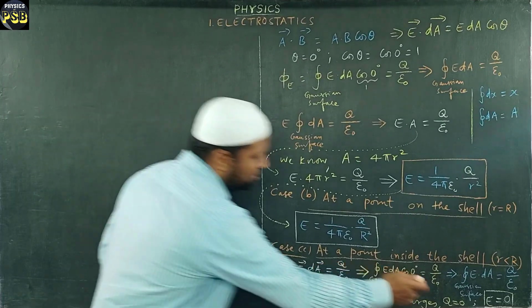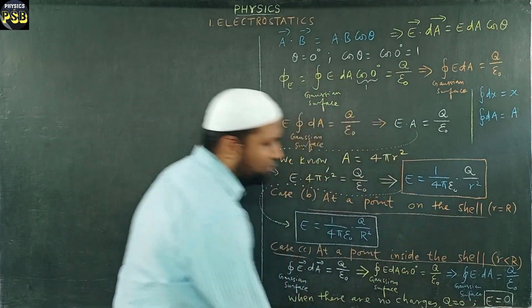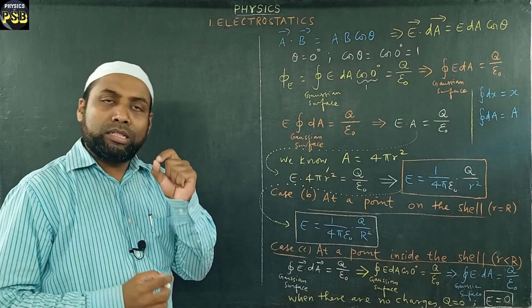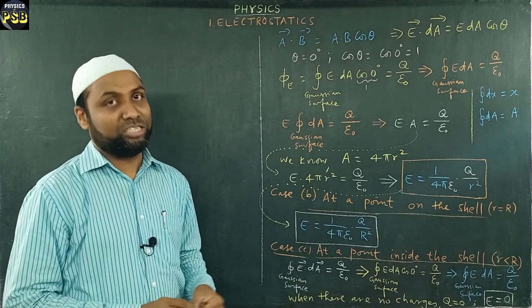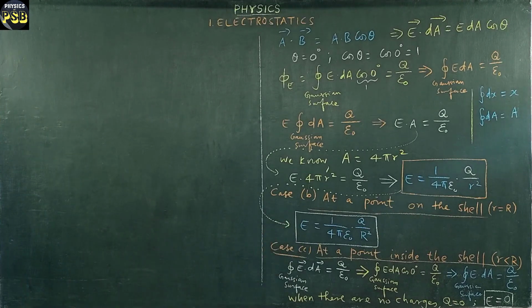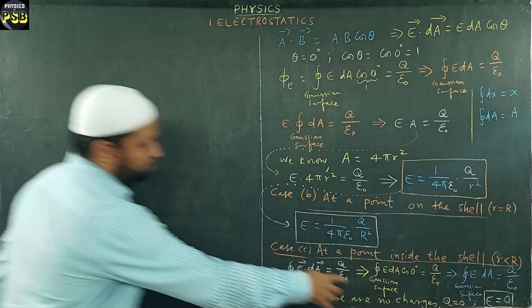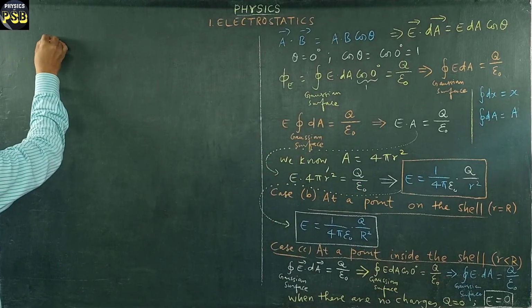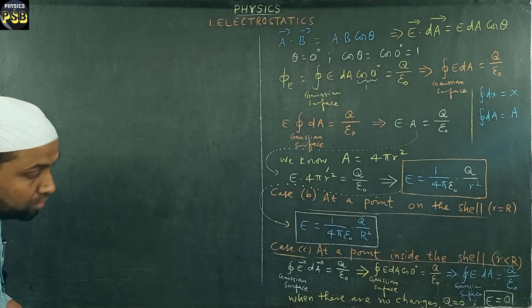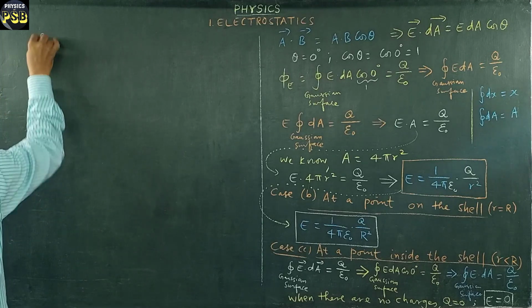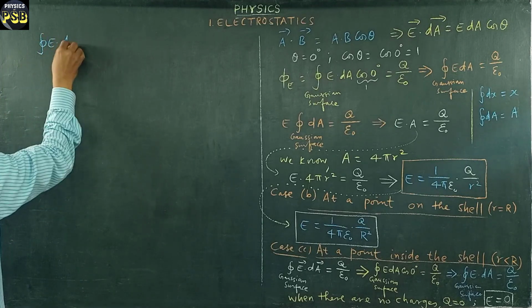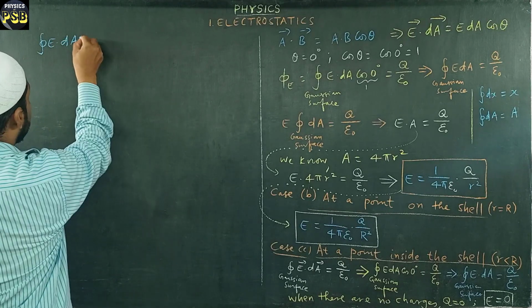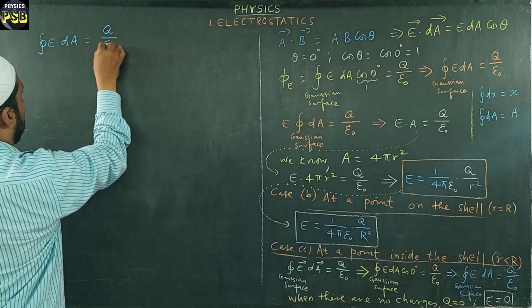Let me elaborate this final expression that we have obtained for the case in which we have taken the point P inside the charged shell. How do we get a 0? Here, the term is the closed integral of E dA equal to Q upon epsilon naught.